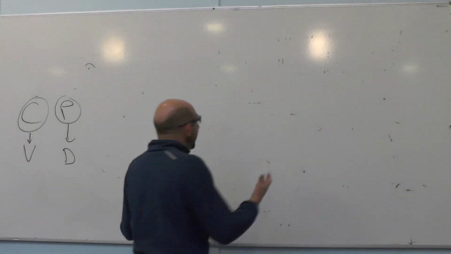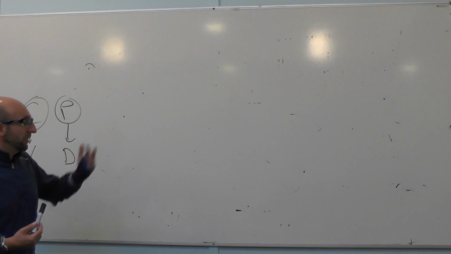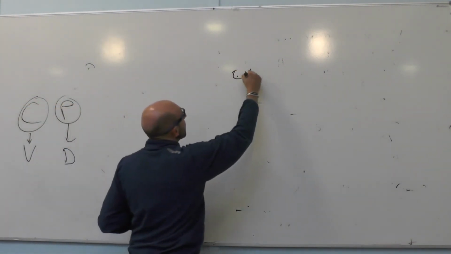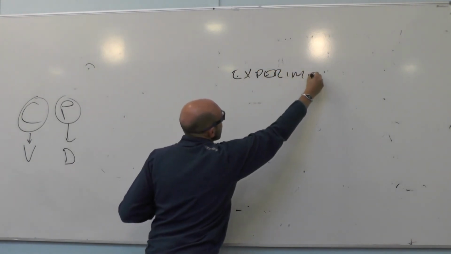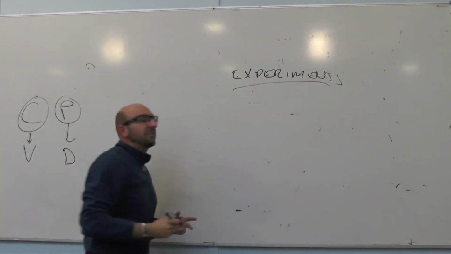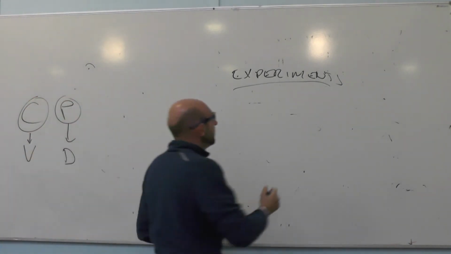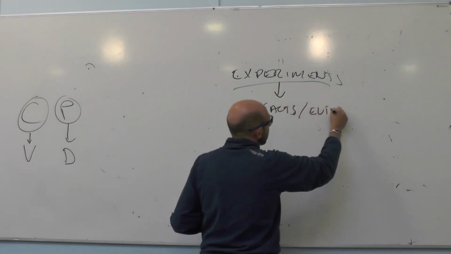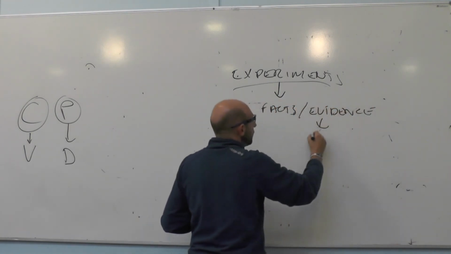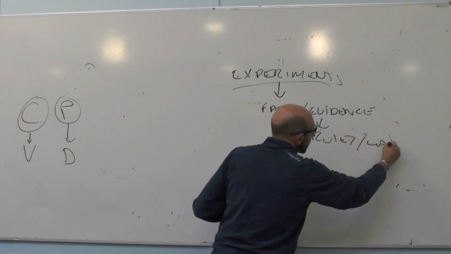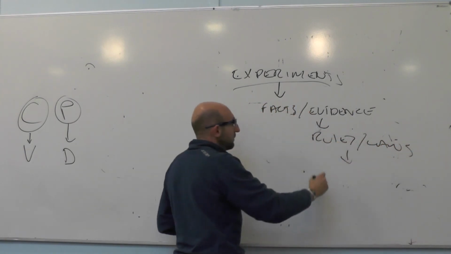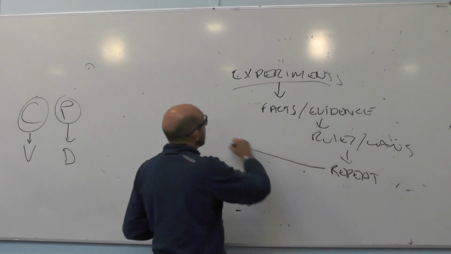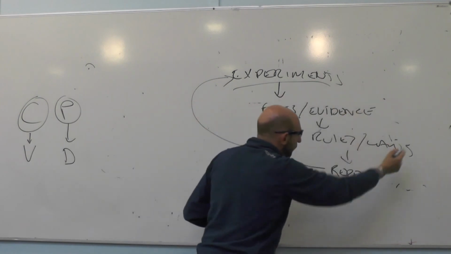Now, the way they went about this was pretty straightforward, if you think about what the scientific method is. You carry out experiments. By conducting these scientific experiments you can reveal facts or evidence that can then produce rules or laws, which then mean that we can repeat the scientific experiment, and if we do, we get the same rules and the same laws.